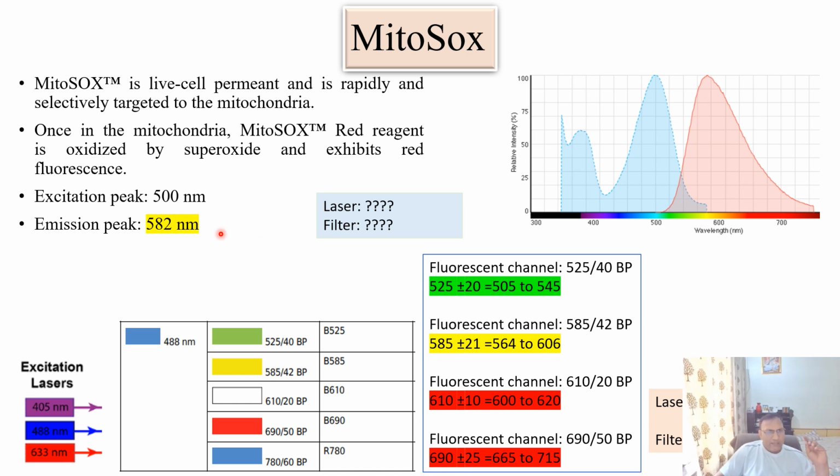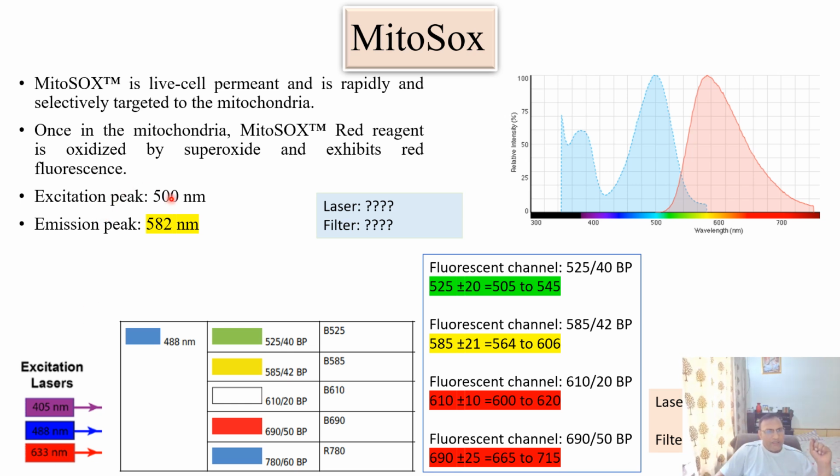So we will select a laser wavelength for detection of MitoSOX of around 500 nanometers. We have to see which laser wavelengths are available in our flow cytometer.